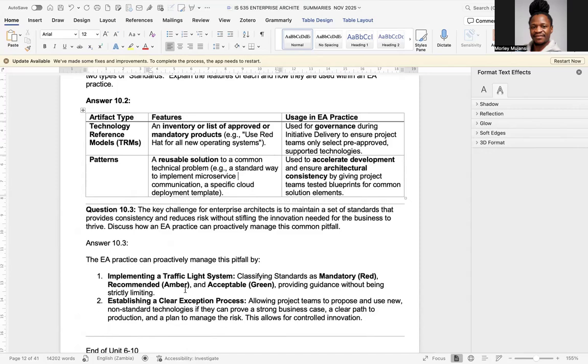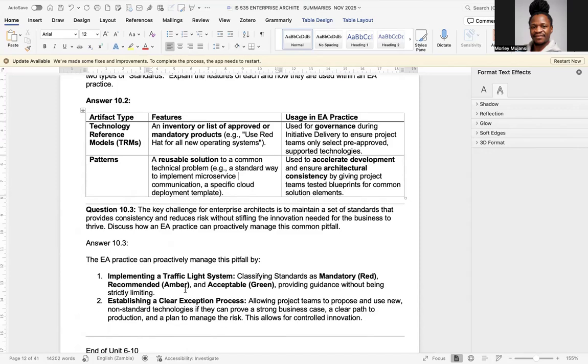This forms the six core artifacts types. We already looked at the considerations as guiding principles, the standards as technical policies, and then the visions as future state blueprints, and then landscape, the current IT inventory, outlines are project proposals, and then designs are technical blueprints.